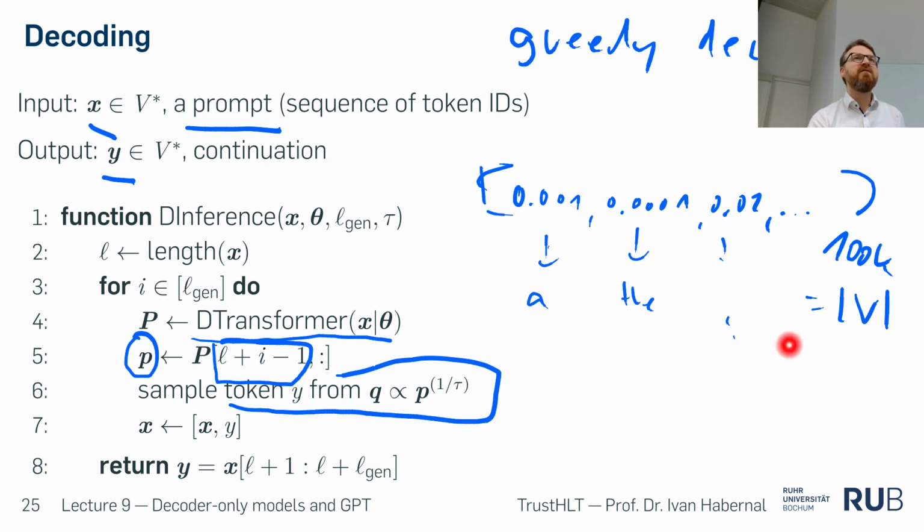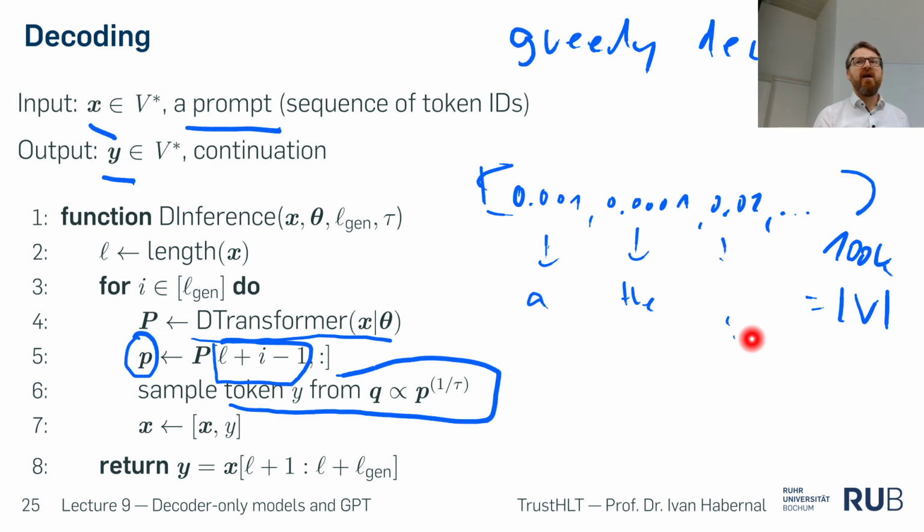Or you can say, sample from only the top 100 or top 5 probabilities. And this is where the randomness in decoding comes from. If you run the same thing in GPT at different times, you will get different answers.